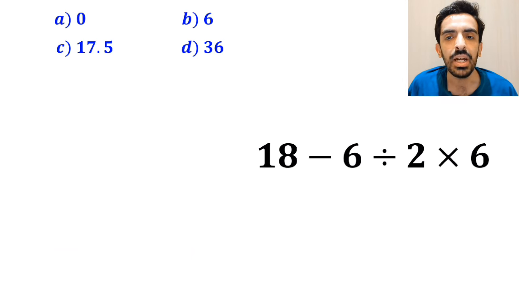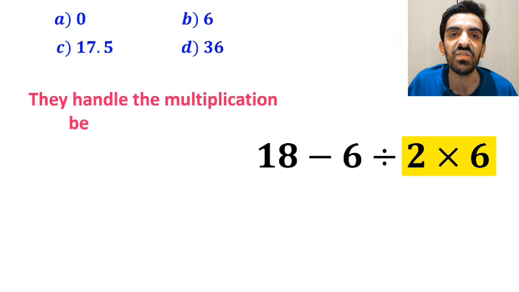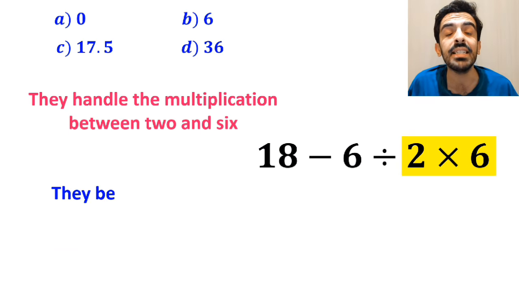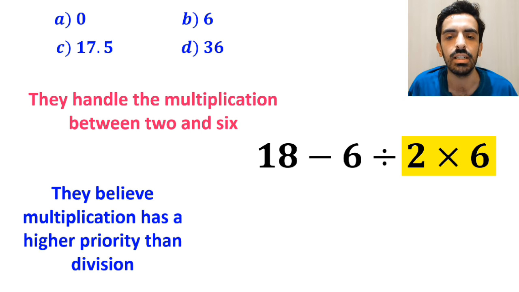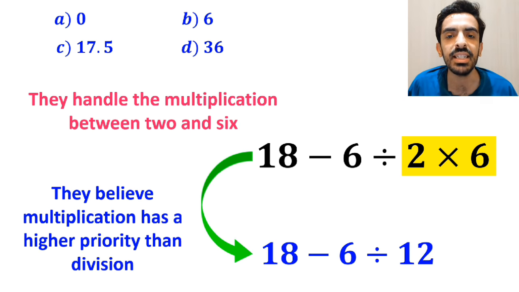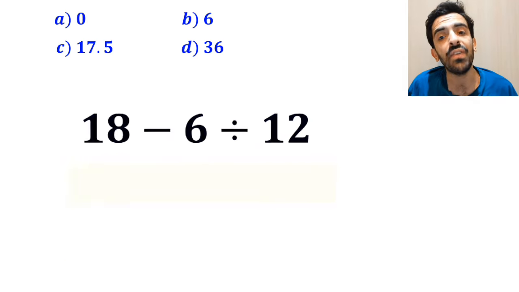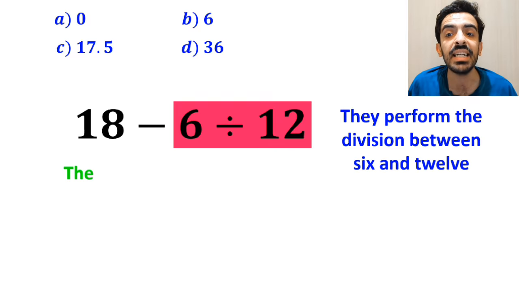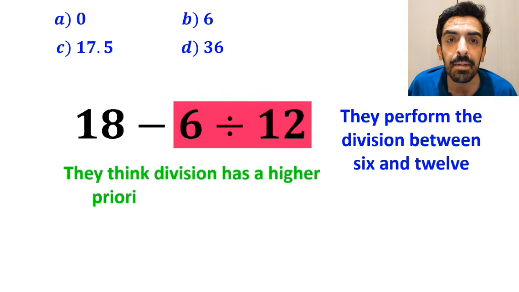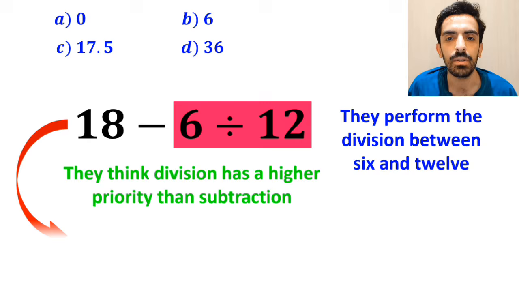In the next step, first they handle the multiplication between 2 and 6 because they believe multiplication has a higher priority than division. So, they rewrite this expression as 18 minus 6 divided by 12. In the final step, they perform the division between 6 and 12 because they think division has a higher priority than subtraction.